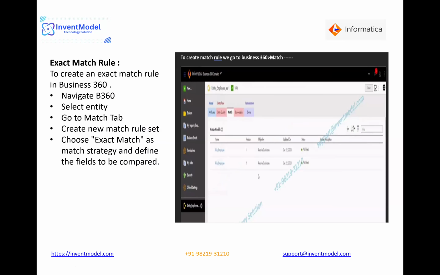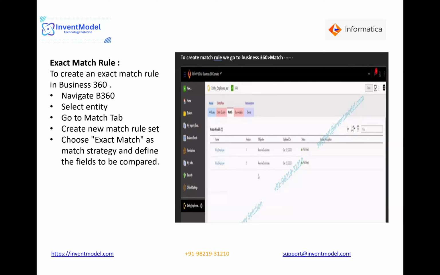Okay, so once we have created the job, now we need to set up the exact match rules. So how can we set up the exact match rules? In this image we can see it. We need to go to Business 360 and select the entity for which we want to create the match rule, and then go to the Match tab, which is shown in the screenshot.